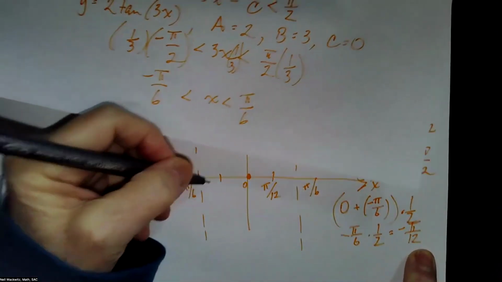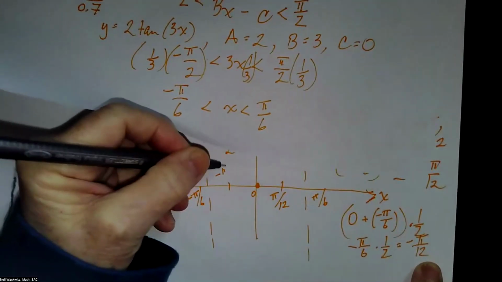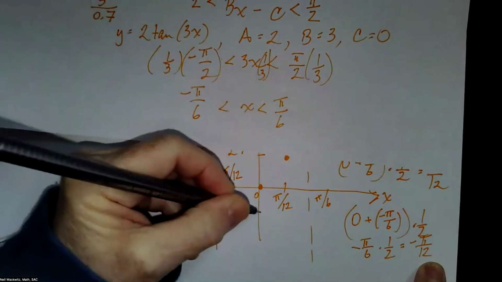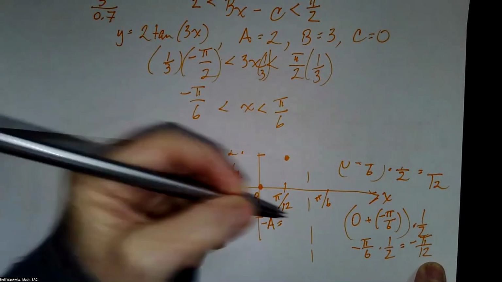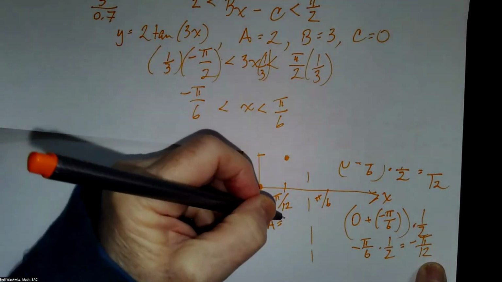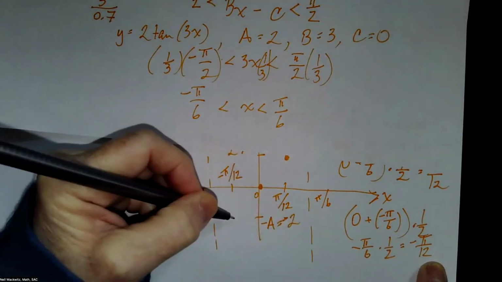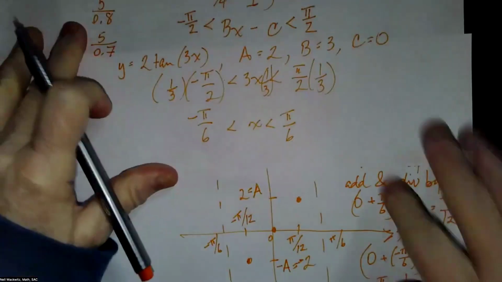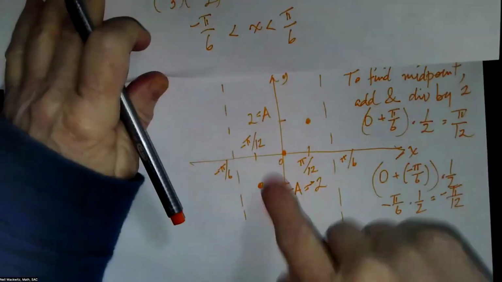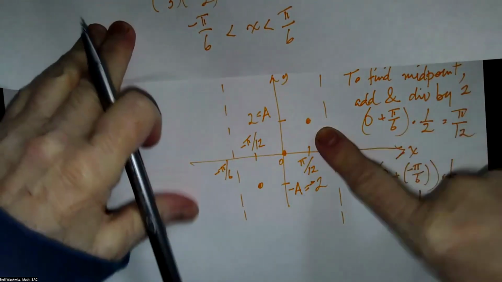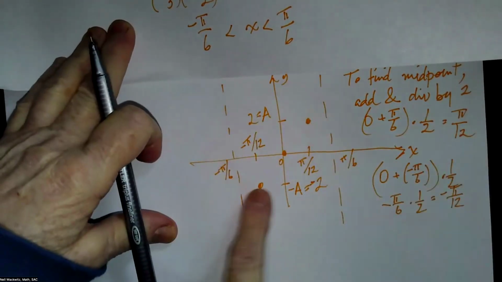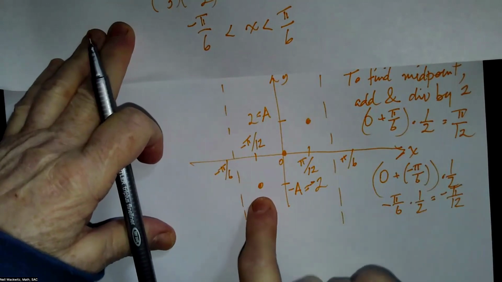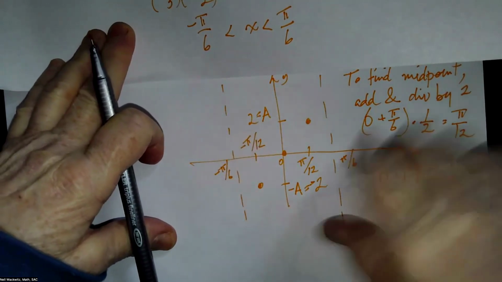That gives us the x coordinate, or the negative a y value. So here a was 2, so we've got pi over 12 comma 2 and negative pi over 12 comma negative 2.